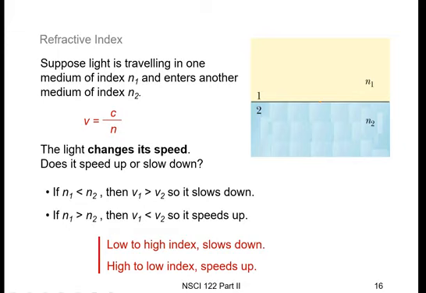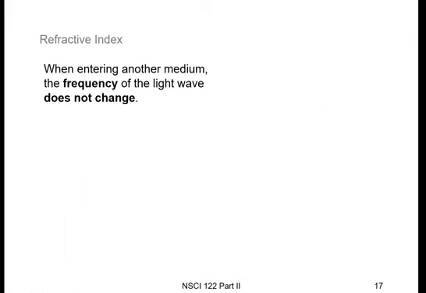Now, in addition to a change in speed, there's also going to be a corresponding change in wavelength. When the light goes from one material to a different material, and by different material I mean a different refractive index, the frequency of the light stays the same.